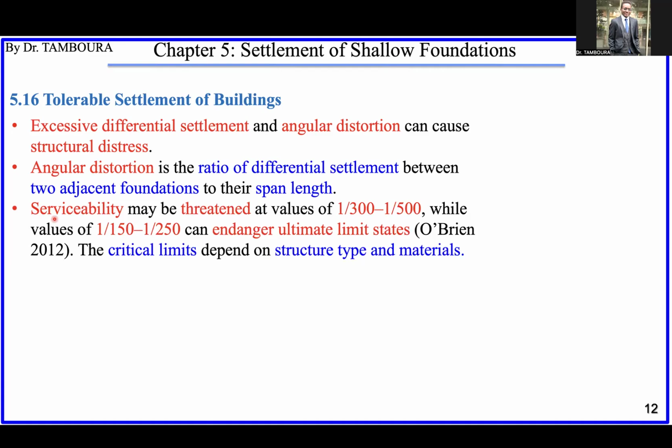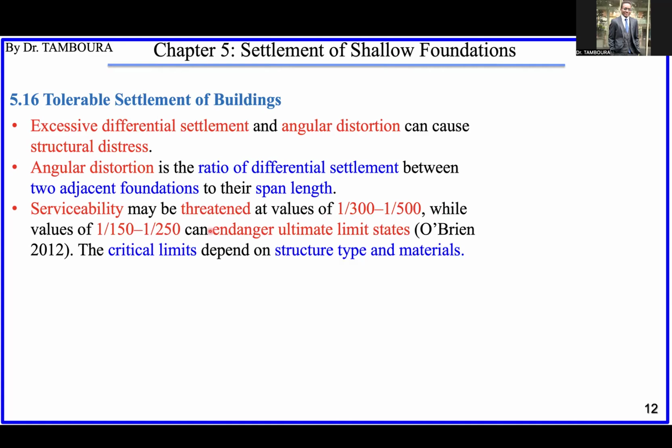Yeah, and this kind of differential settlement or distortion, angular distortion, is somehow accepted until a certain level. Yeah, there is a limit. So the serviceability may be threatened at a value between 1 to 300 and 1 to 500.